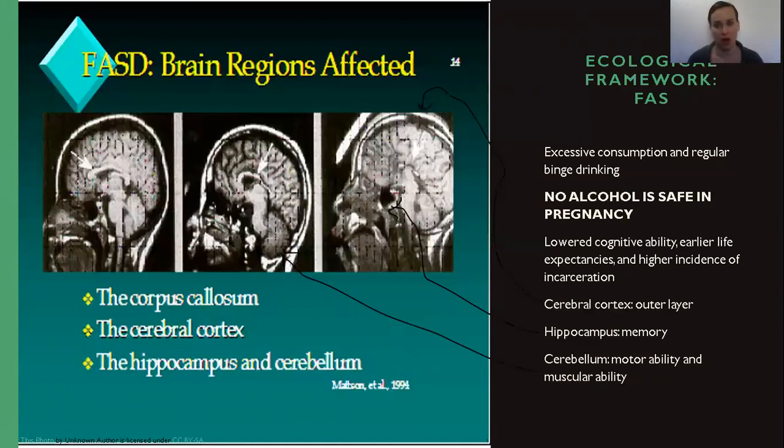You want ridges, and the fewer ridges there are, or the smaller the brain is, that leads to more cognitive issues. It's very similar to the Zika virus and how that affects the brain of children. And then the hippocampus, which is the thing in the middle, is your memory ability. So we see short-term and long-term memory issues, and that is a really big issue.